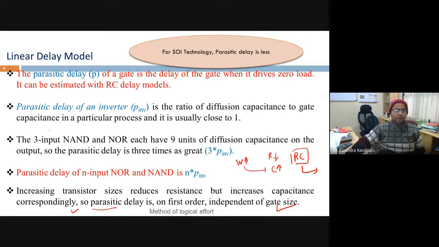So far we have talked about the delay. Delay happens to be G into H plus P. That is logical effort multiplied by electrical effort, which is also known as effort delay, F, plus P, and the unit happens to be tau, and we are comfortable with each and every term, right?